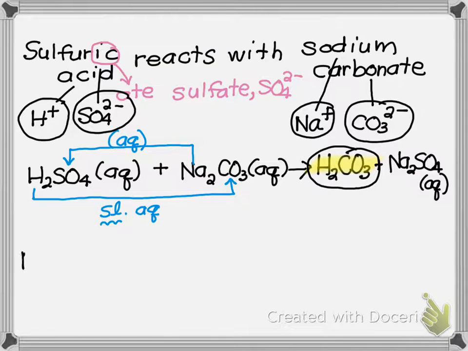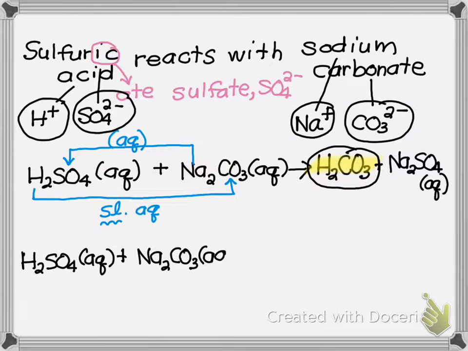So rewriting the equation would be H2SO4(aq) plus Na2CO3. Now remember that H2CO3 indirectly makes a gas. It breaks down and it makes water and carbon dioxide gas.